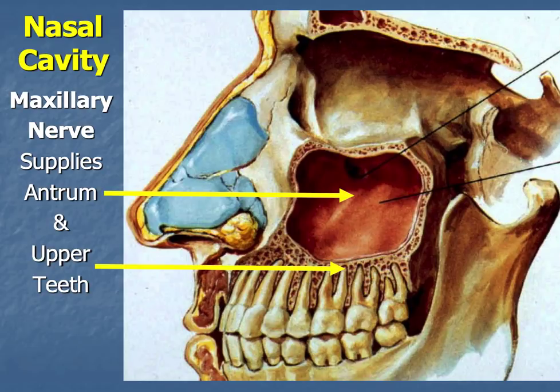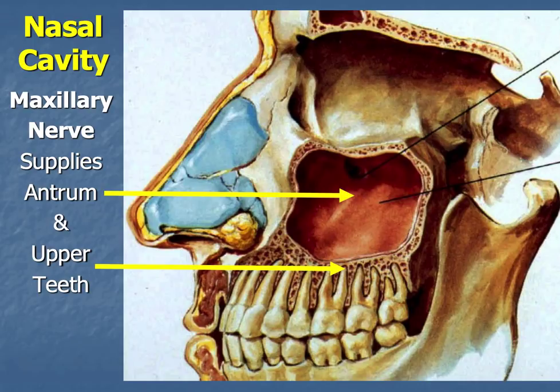I've actually extracted an upper molar tooth and looked up through the remaining socket in the alveolar bone and looked directly into the maxillary air sinus. This is not an absolutely unheard of complication of extracting upper teeth.